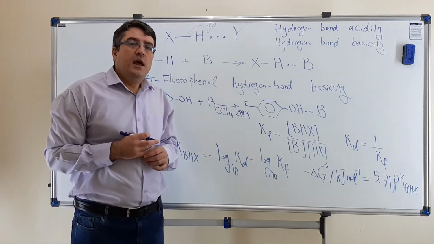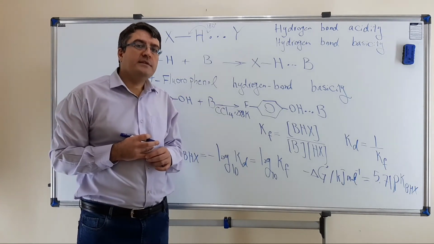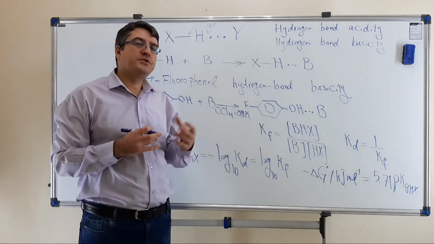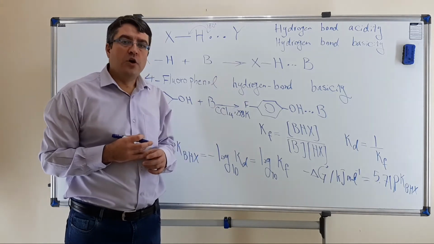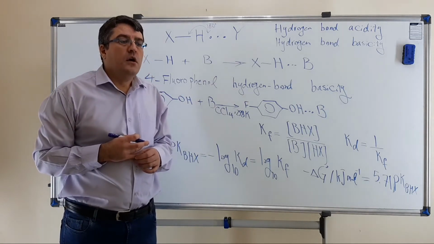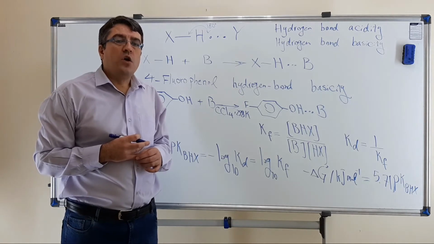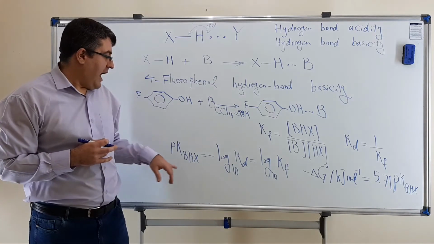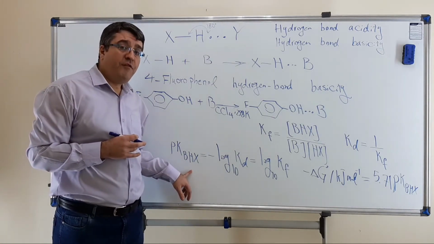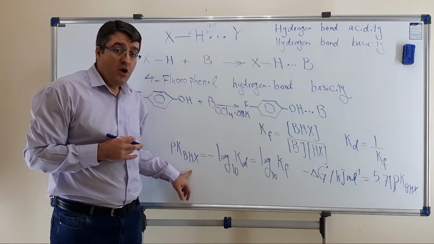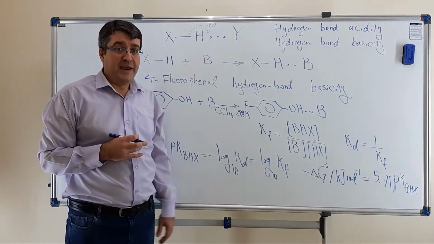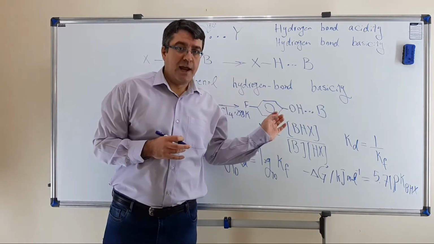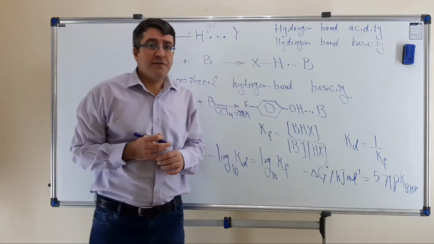For halogen bases, we have fluoroalkanes, chloroalkanes, bromoalkanes, iodoalkanes, and so on. For sulfur bases, we have thiols, thioethers, disulfides, thioketones, and so on. So we see that we have a great number of values of pKBHX for diverse types of bases, and in this regard, this hydrogen bond basicity scale is a comprehensive scale.